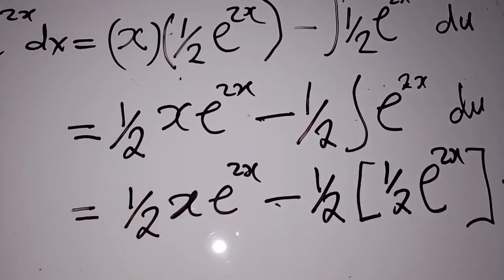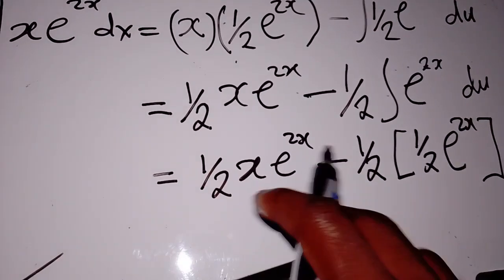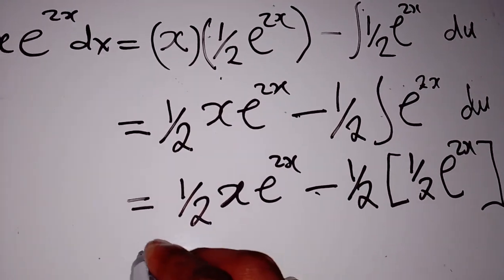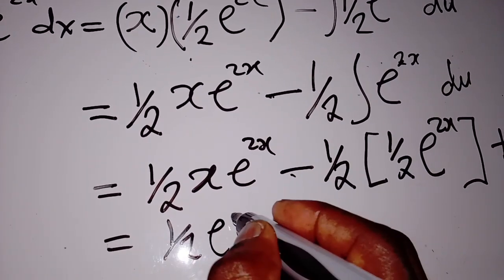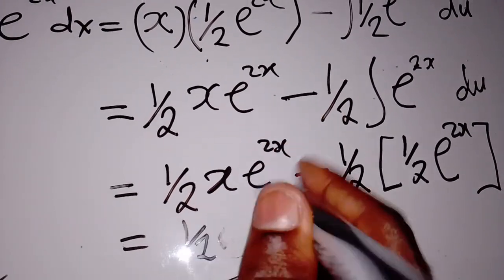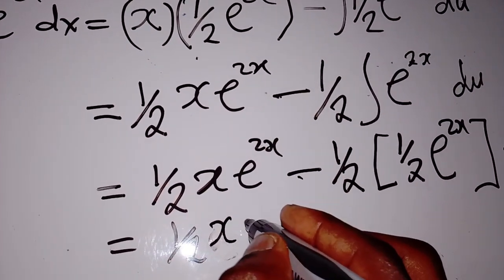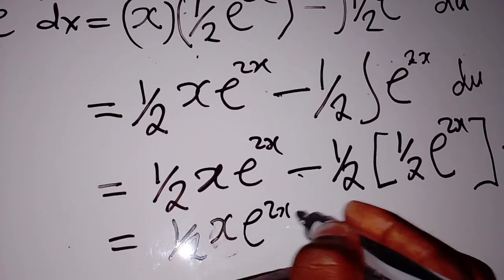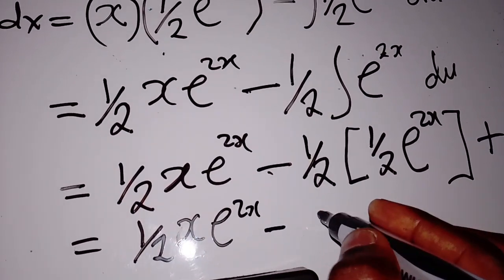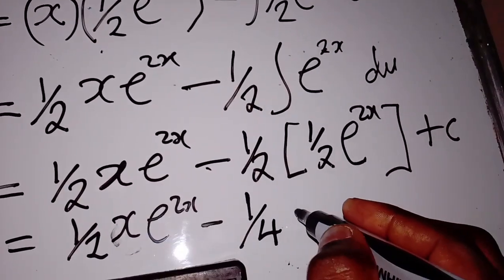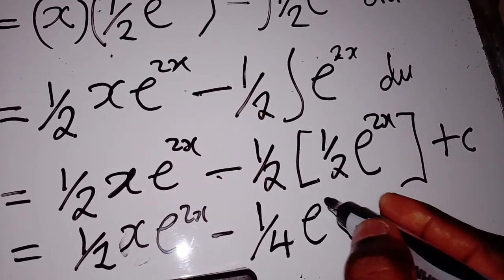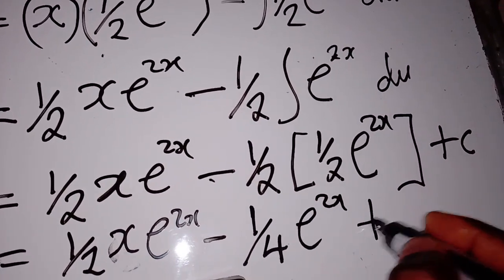Okay, remember it is indefinite. So in that case, the final answer will be 1 over 2 x e to the power 2x minus 1 over 4, because 2 times 2, right? So 1 over 4 e to the power 2x plus c.